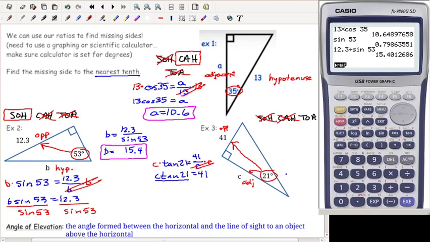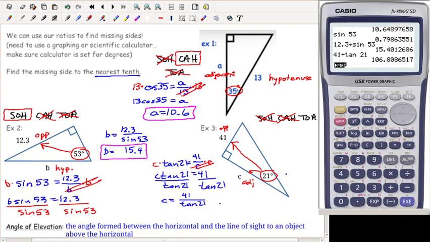So I'm going to divide by tan 21 on both sides, which gives me C equals 41 over tan 21. To find the length of C, I'm going to type that into my calculator. So 41 divided by tangent 21. And that tells me C is 106.8. Final answer.